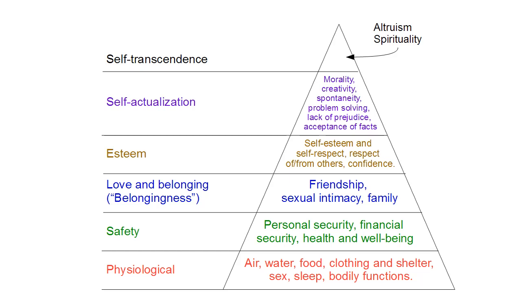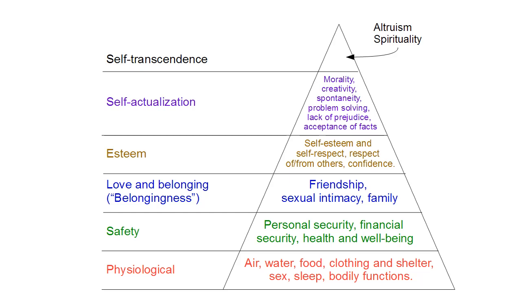So in deciding what your priorities should be, you would see what sort of category the decision that you're needing to make between various things would fall into. So if it's something that's more basic, if it's something that's going to meet your physiological needs, then obviously that is going to take precedence over self-actualization or self-transcendental needs.